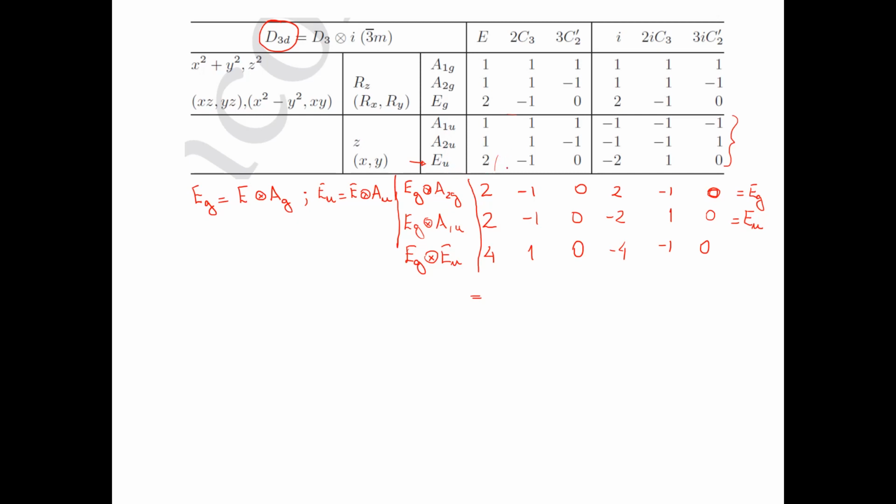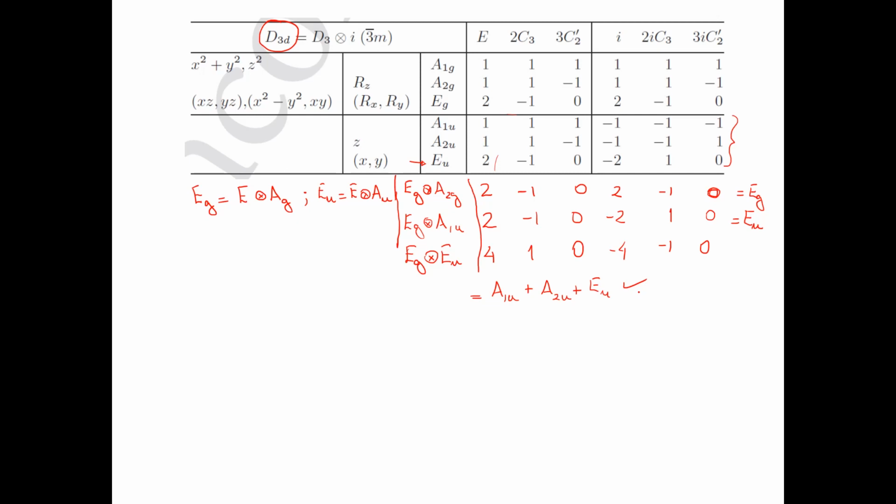And you can basically guess and notice that this is actually the sum of the three. So this is A1U plus A2U plus EU. Okay, and you can check that this is correct. All right, this is an example.